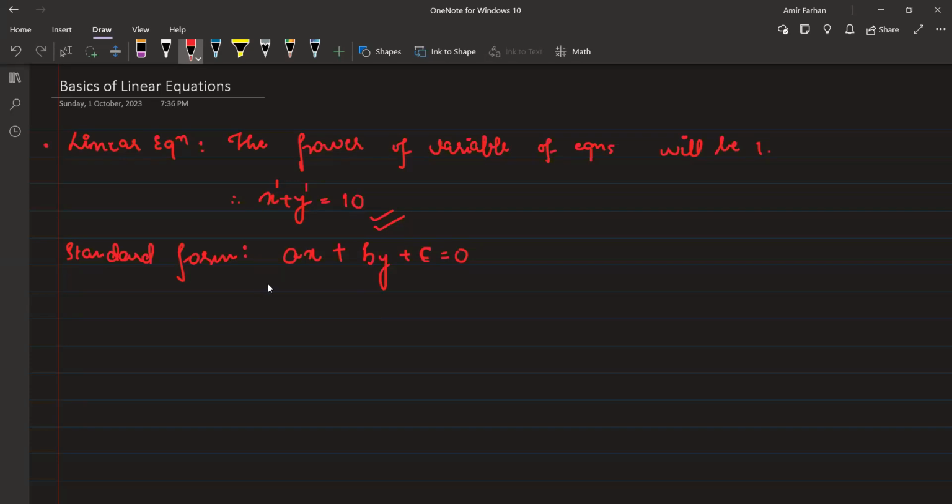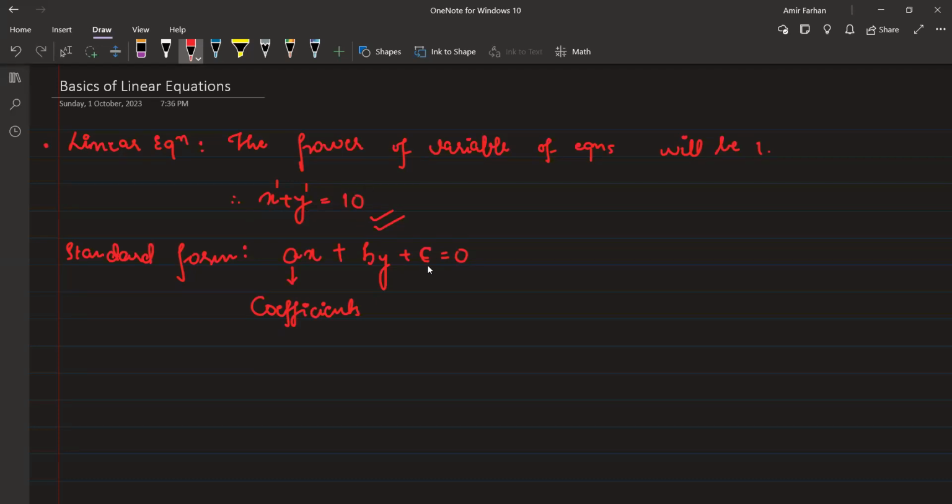So Simrat, one more thing. This is called the coefficients. Any doubt? No. You can compare these: x is there, which means a is multiplied to x, b is multiplied to y, and this is our constant.